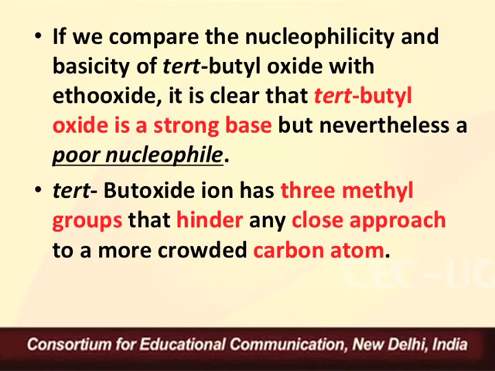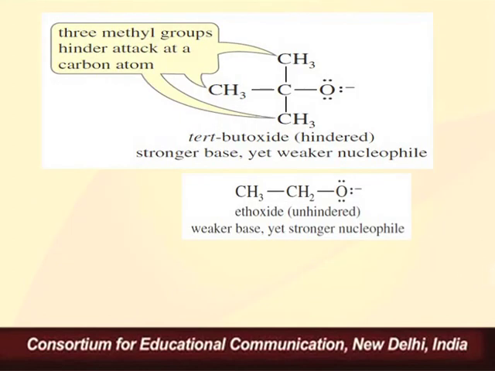Tertiary butoxide has 3 methyl groups that hinder any close approach to an electrophilic carbon atom. Here I have shown again the structure of tertiary butoxide, where the carbon is attached to 3 methyl groups, so there is steric hindrance.